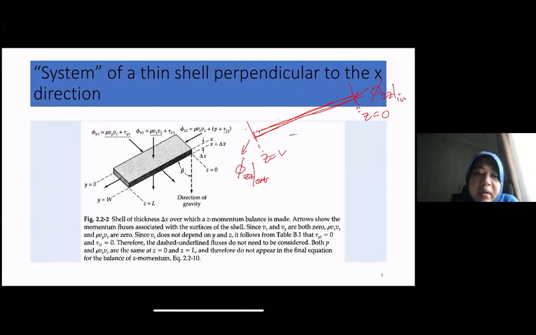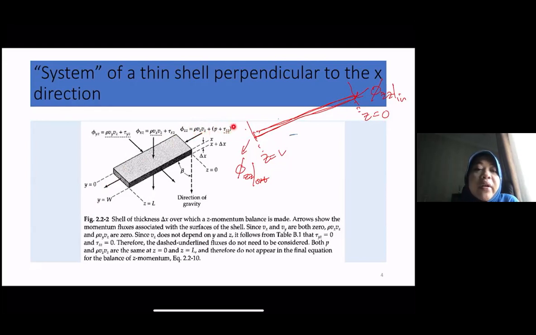So you have the ones that go in and the ones that go out. And if you remember, phi ZZ is equal to the molecular flux: P plus tau ZZ, plus rho vz vz.